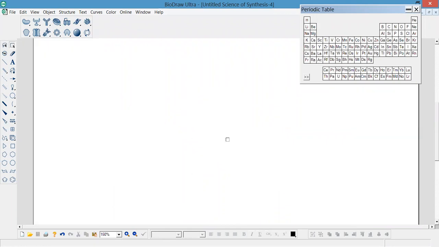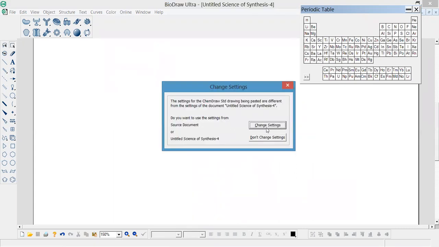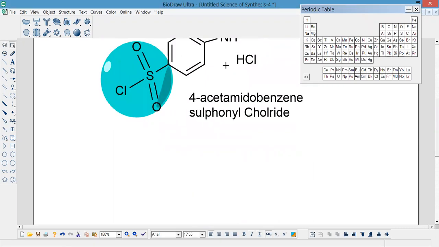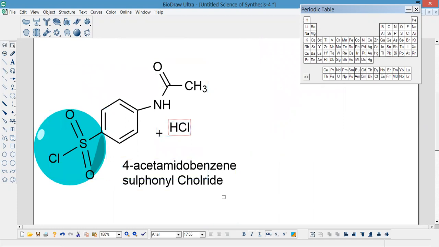Now I will draw the previous structure, copy paste that previous structure into this new slide. That is a nucleophilic substitution reaction with the addition of NH2.